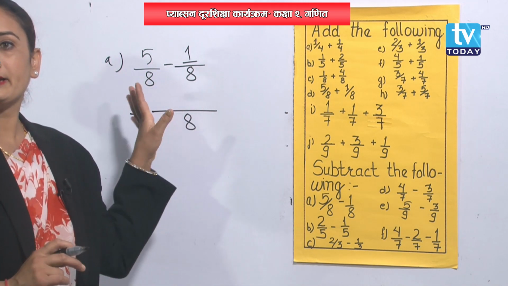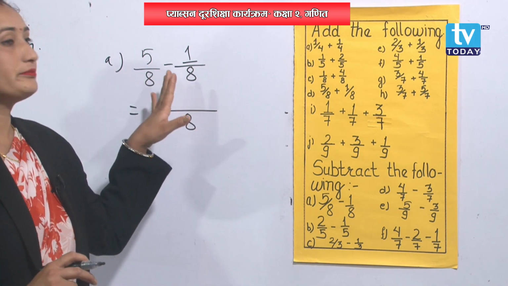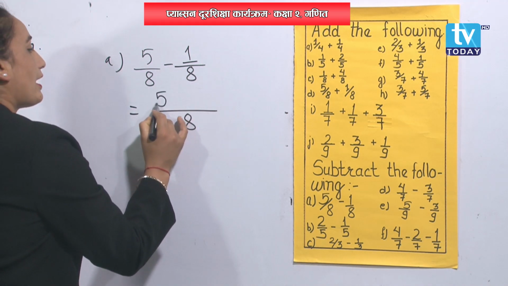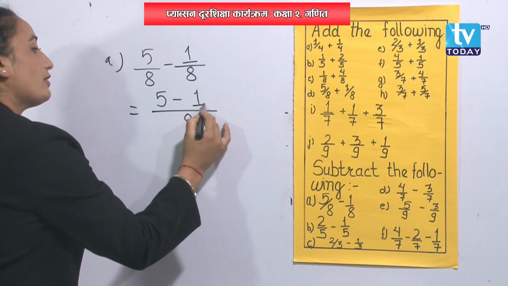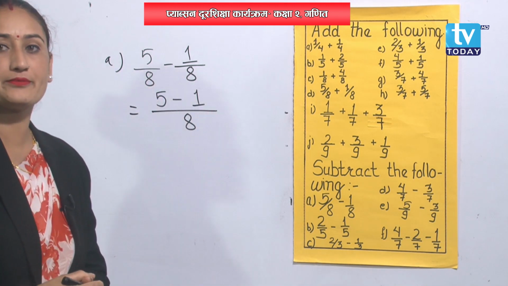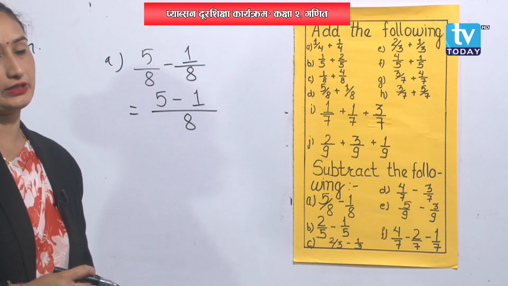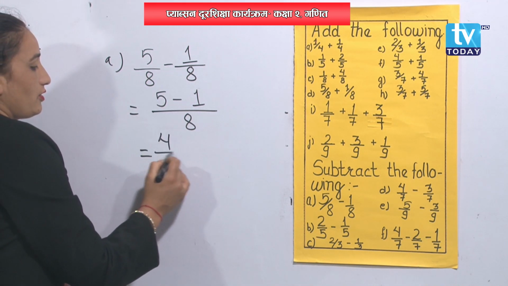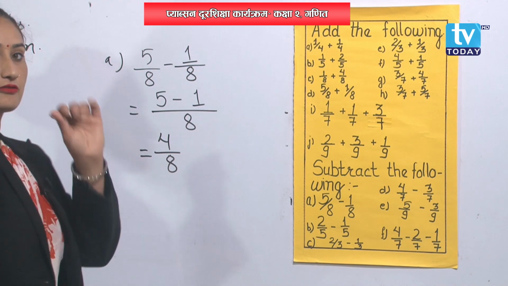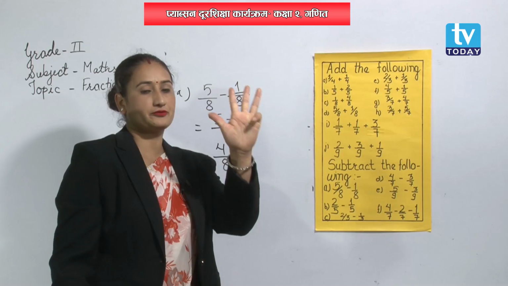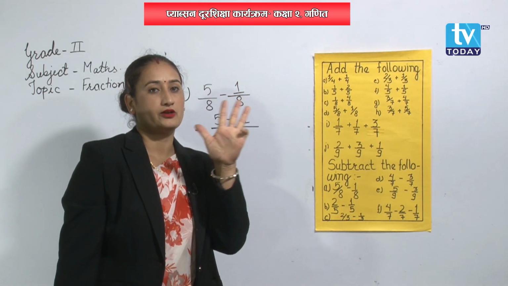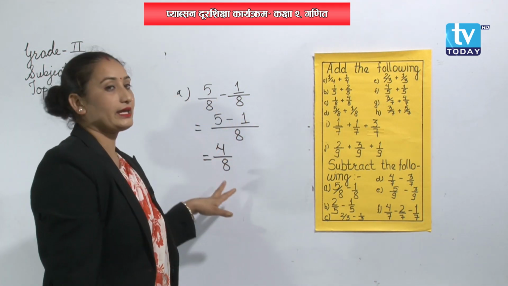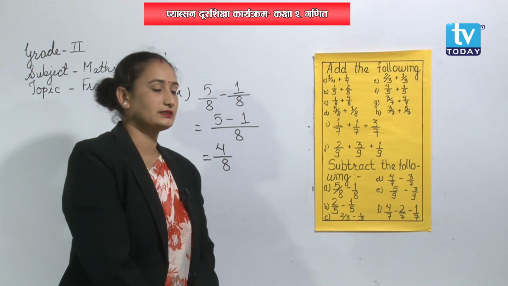Now, 5 minus 1, we have to write 5 minus 1. Can we write it? Very good. So, 5 minus 1 will be 4. Out of 5, I need to remove 1. Then how many are left? 4. You can count over here. It's 4/8. Do you understand?